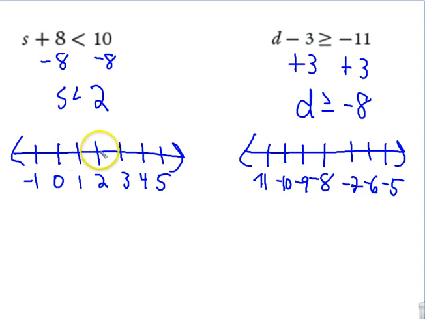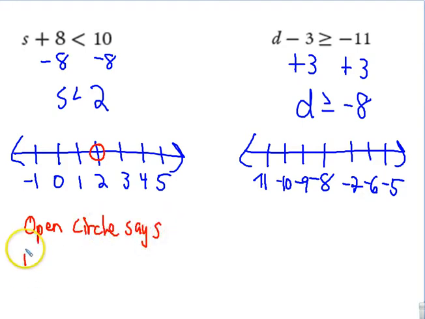Does it include 2? No. So what we're going to do is write an open circle. The open circle says it doesn't include the number.